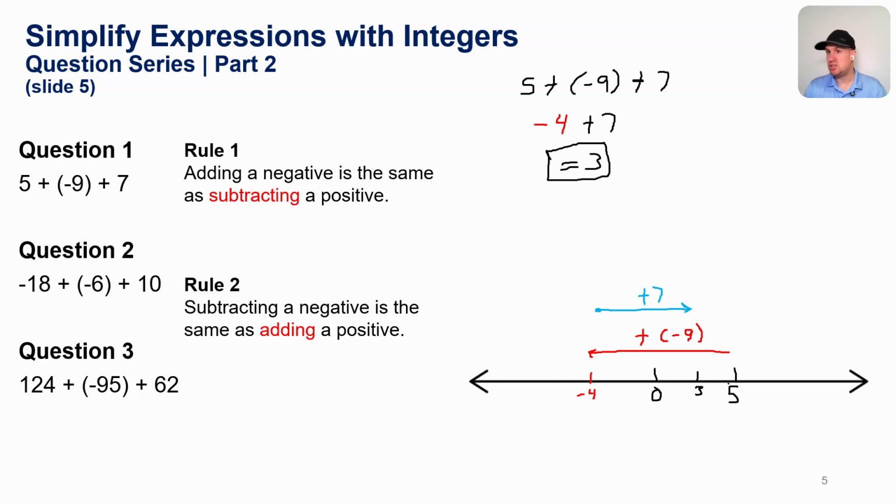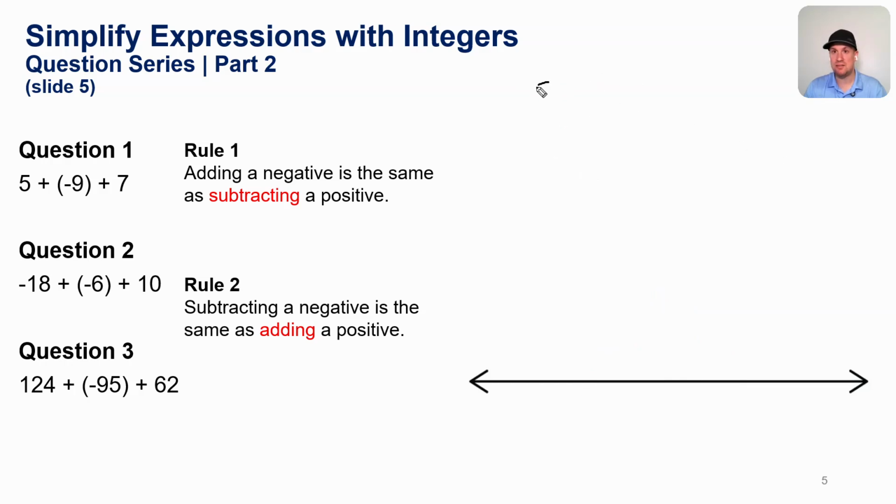Now, the other strategy you could use with this is, instead of doing it in order, let's say, for example, you notice that you have two positives here, the 5 and the 7. So instead, you rearrange your expression to put these next to each other. So 5 plus 7 plus a negative 9.